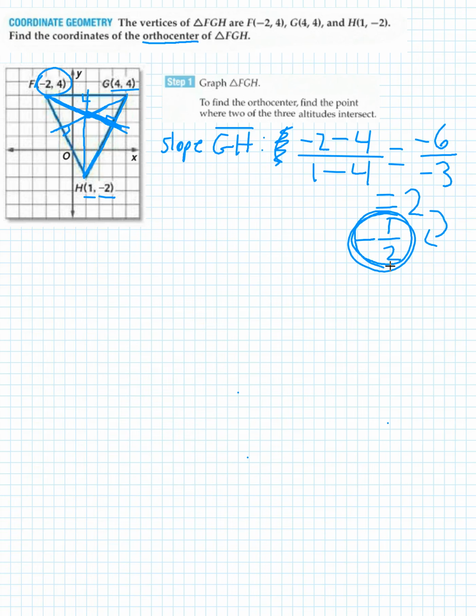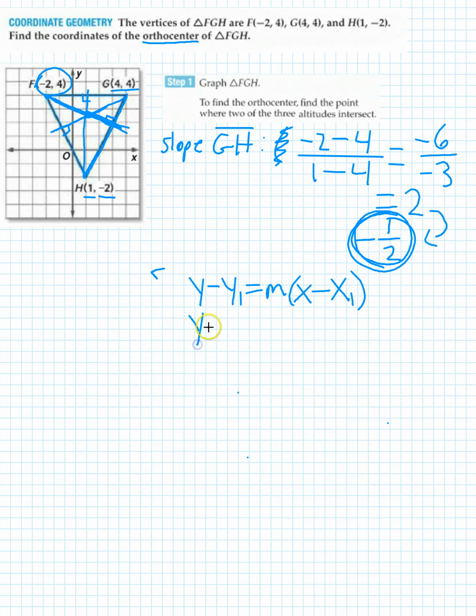Let's do that in point-slope form here. We're going to do y minus y1 equals m times x minus x1. Remember, in point-slope form, we don't plug anything in for y or for x, but we do for y1, x1, and our m.